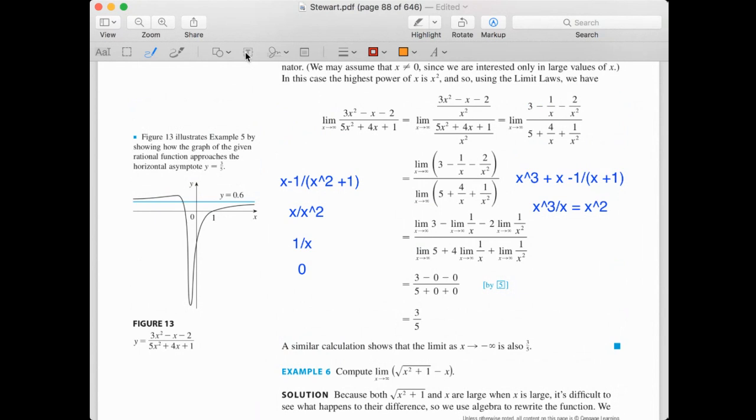In that case, when x approaches infinity, that's just infinity, right? When the degree of the numerator is higher than the denominator, it goes to infinity. When the degree of the numerator is lower than the denominator, it goes to 0.